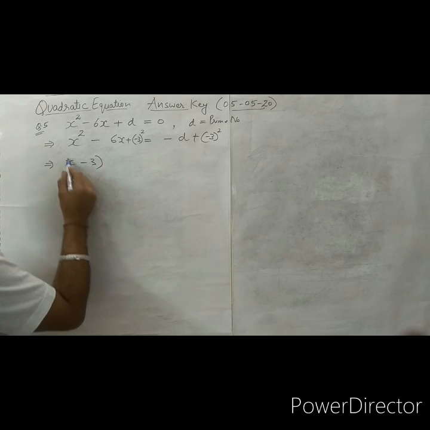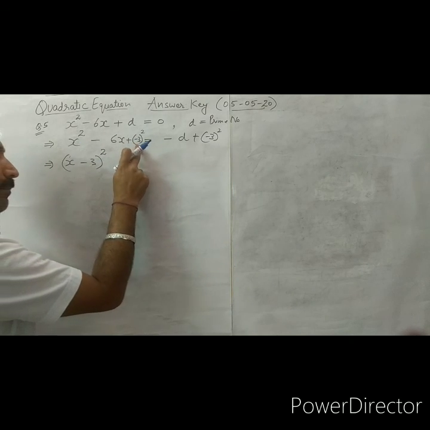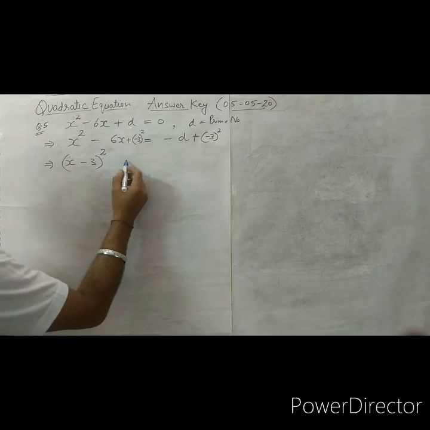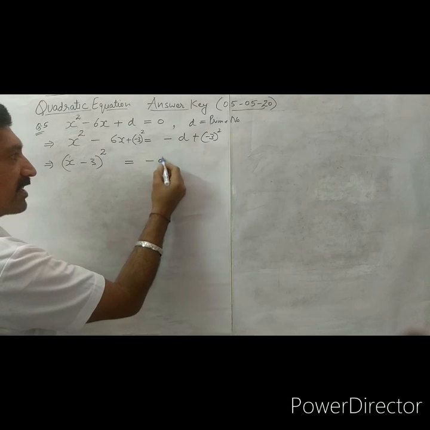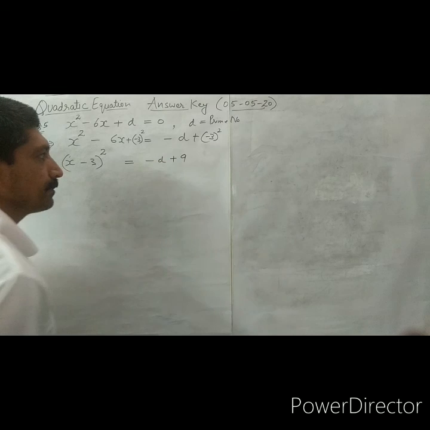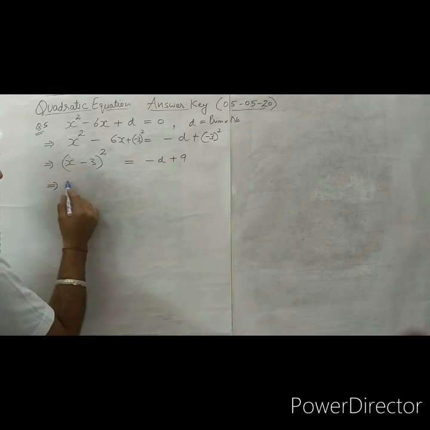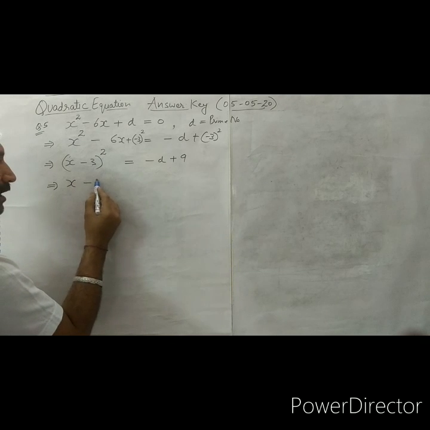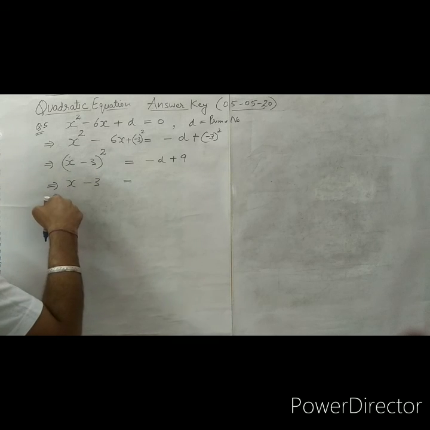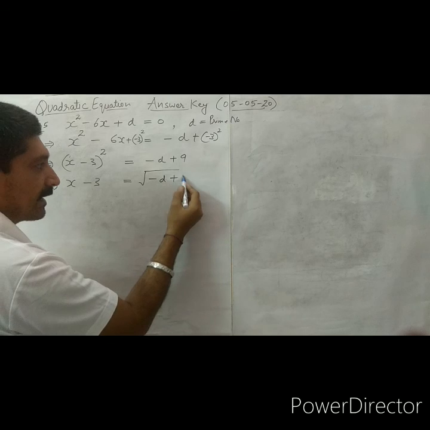So x minus 3 whole square, that is a minus b whole square is a square plus b square minus 2ab, is equal to minus d plus 9, since minus 3 whole square is plus 9. When we go for under root both sides, x minus 3 is equal to under root of minus d plus 9.